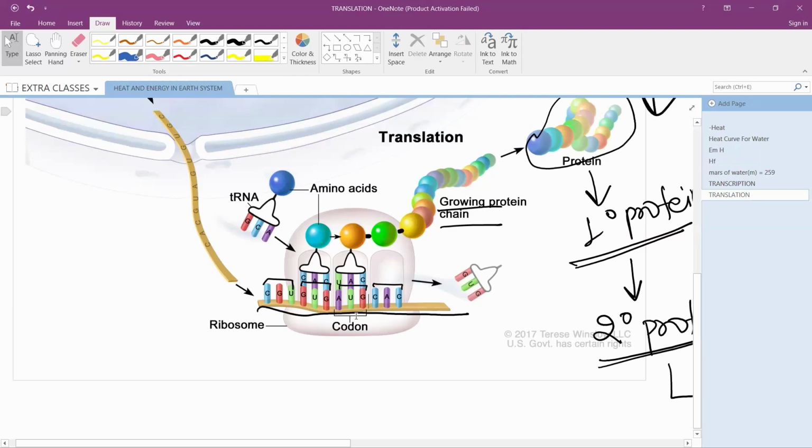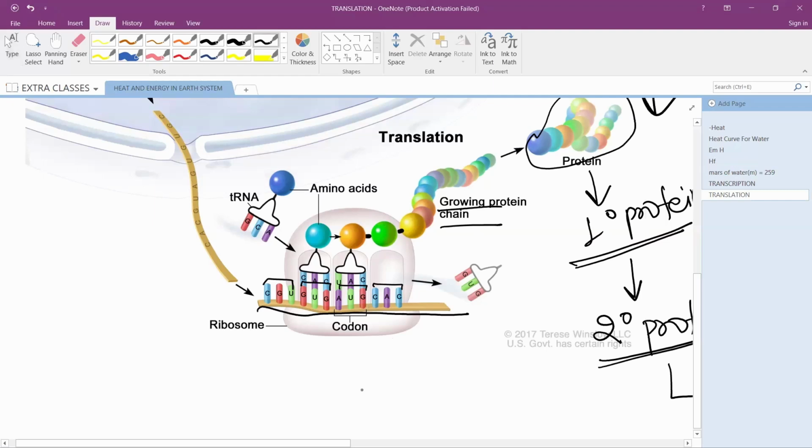So we always say that genetic codes are triplet, and genetic codes are always universal. Whether you study eukaryotes or prokaryotes, animals, microbes, fungi, or aquatic animals, in any type of organism, the genetic code is always universal.